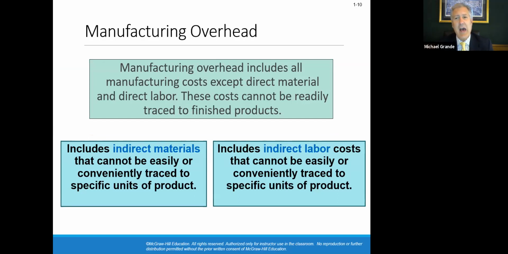These costs cannot be readily traced to the finished product. They need to be allocated in some fashion to our product. Includes indirect materials, as we talked about, that cannot be easily or conveniently traced to specific units of product. It also includes indirect labor costs that cannot be easily or conveniently traced to specific units of product.